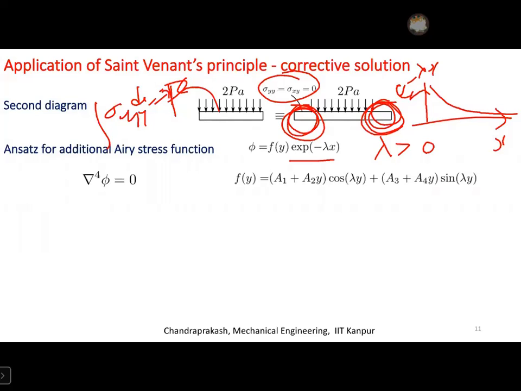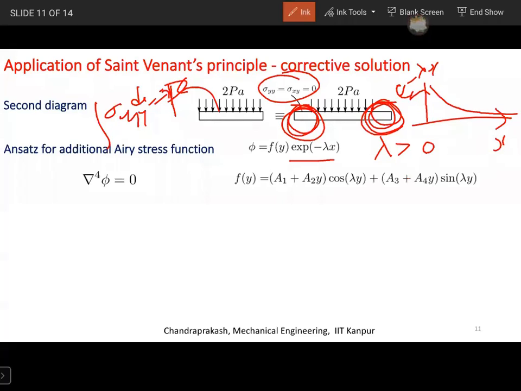Your overall function phi 1 is nothing but phi 0, which is the solution you obtained in the last lecture, plus this phi, whatever we are using now. This is your actual overall stress function. We are looking for just this corrective term. Phi 0 is something you have already identified.